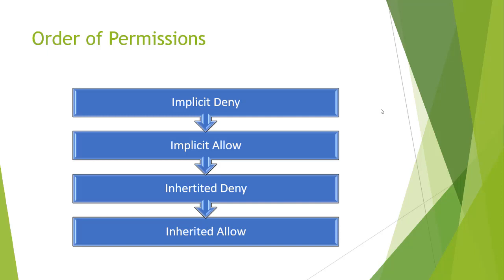The explicit, you won't be seeing anything about that on your exam or anything else. But there is another kind of style of denying and allowing that's out there, just so you know in case you go to research it or you read about it. Okay, that's what's called the explicit one.